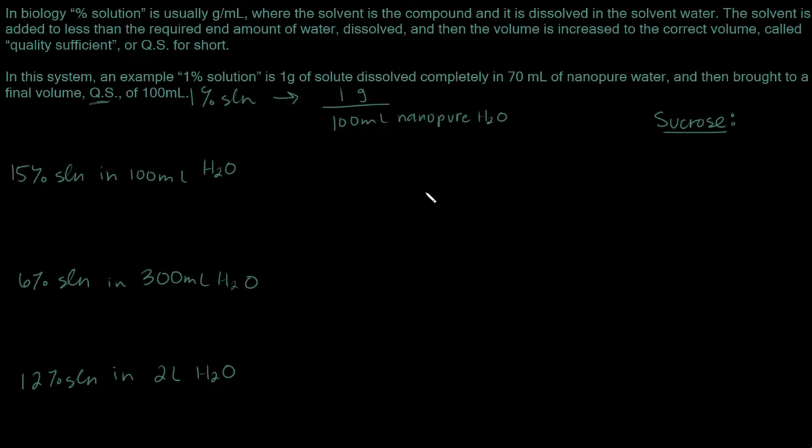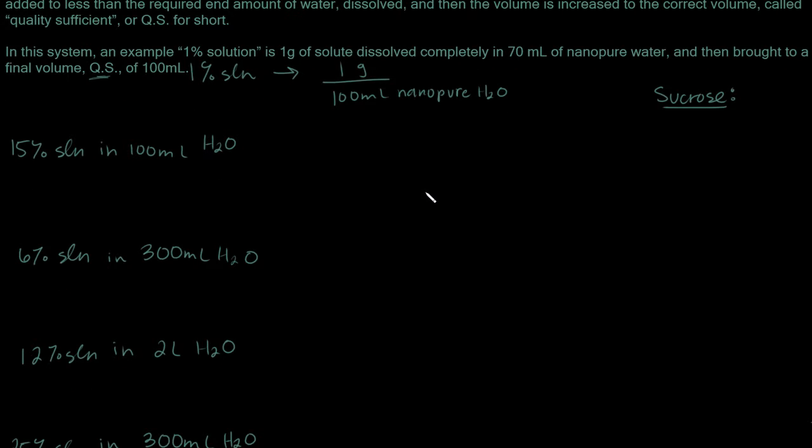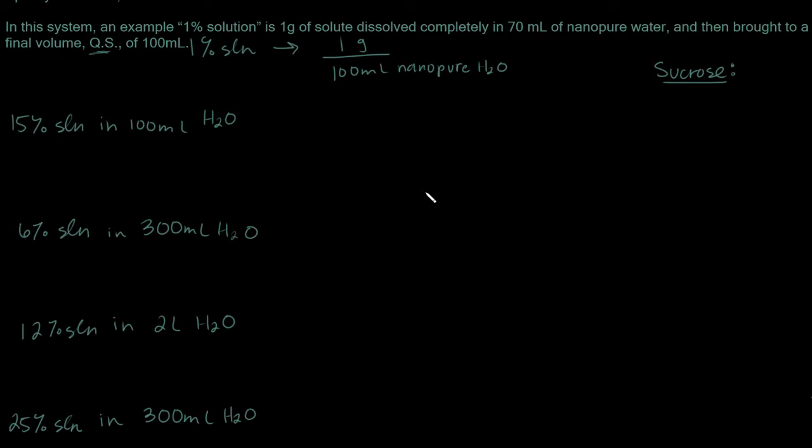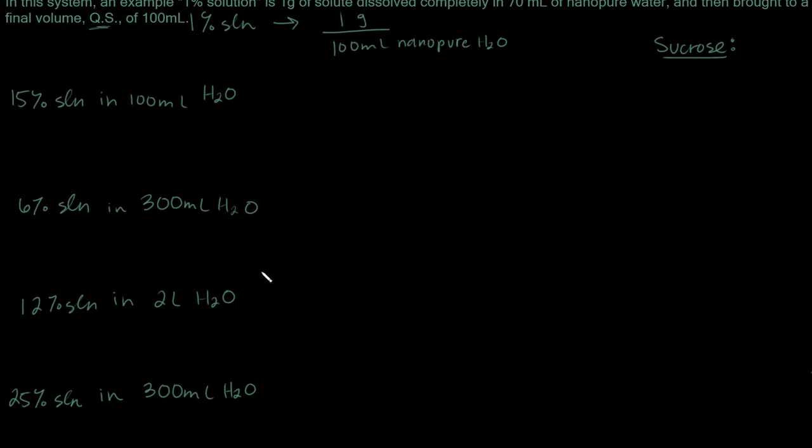So let's just hop right into some examples. Again, it's grams per mil. For these first 5 examples, we're going to be using sucrose as the solute that we are dissolving in our water solvent.